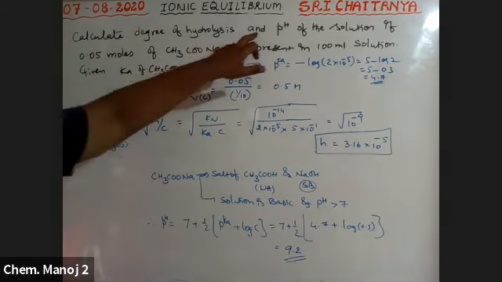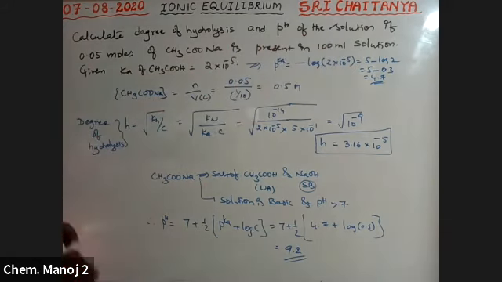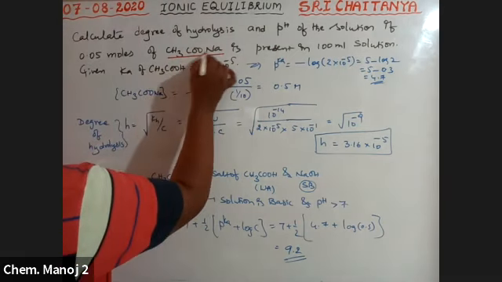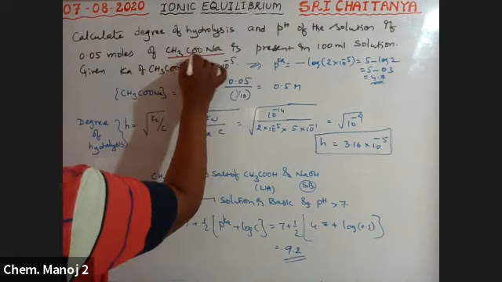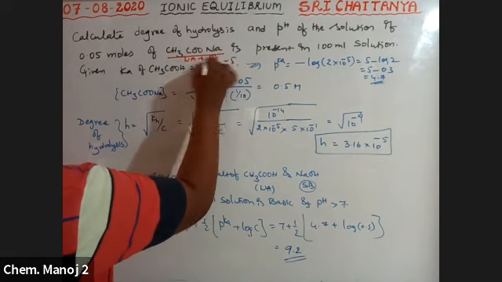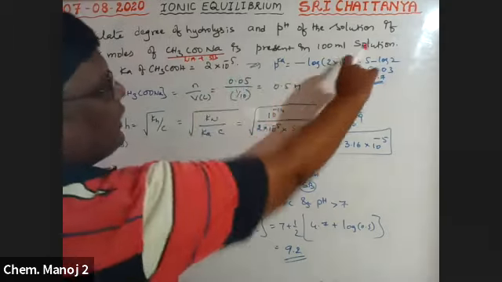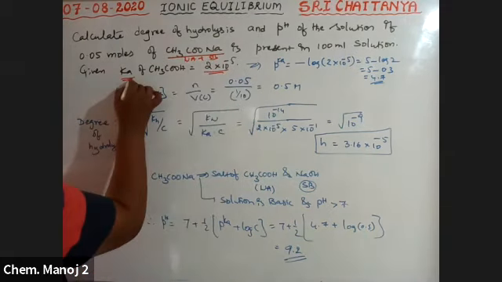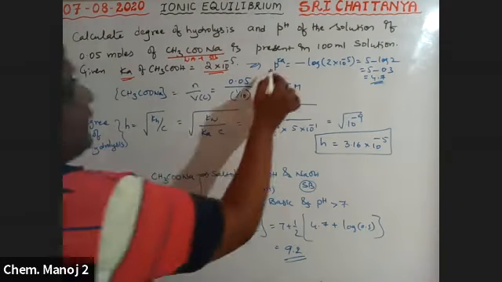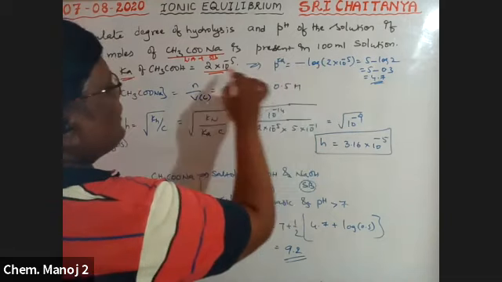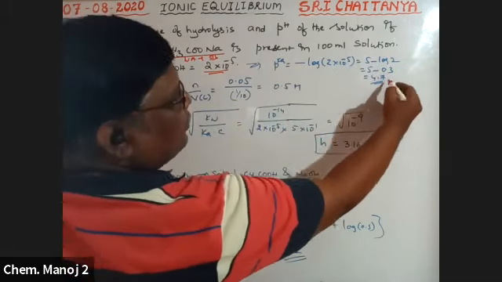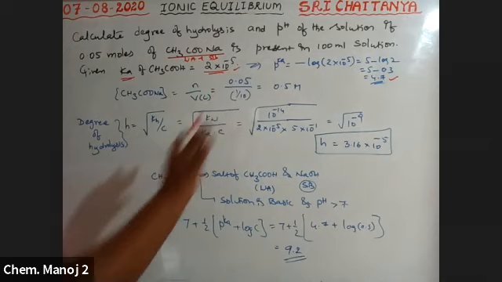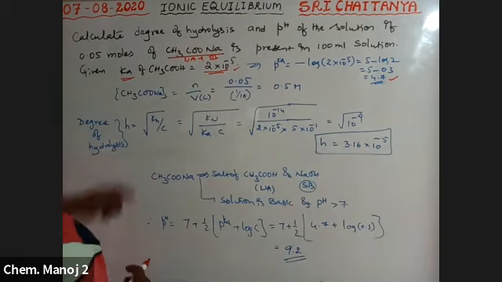Calculate the degree of hydrolysis and pH of a solution of 0.05 mole of CH3COONa, a salt of weak acid CH3COOH plus strong base NaOH, present in 100 ml solution. The Ka is given as 2 into 10 power minus 5. So pKa is equal to minus log of 2 into 10 power minus 5, that is 5 minus log 2, therefore the pKa value is 4.7. Keep this aside.